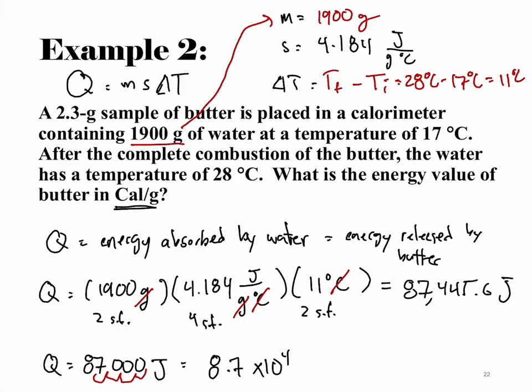Because we moved the decimal place 4 digits to the left to give us a number between 1 and 10, so that's why we have 8.7. We moved 4 places, which is why we have the 10 to the 4 there. And this is still going to be in units of joules. When we're dealing with scientific notation, we always remember that the sig figs are given to us by the coefficient.